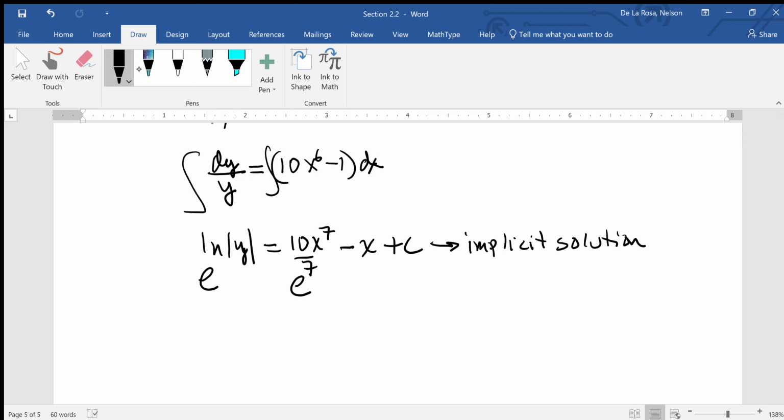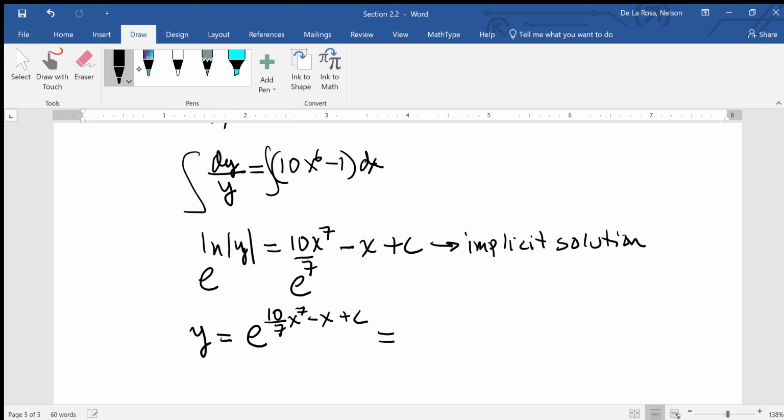So we have simply, assuming that c is a non-zero constant, e to 10 over 7 x to the 7 minus x plus c.